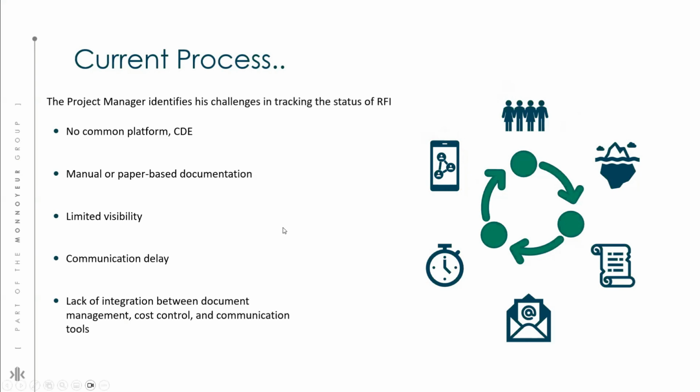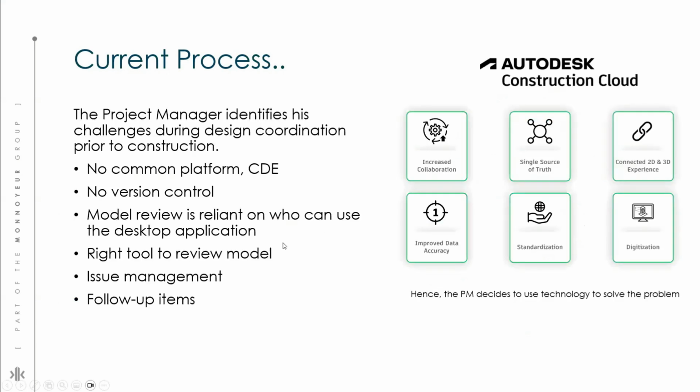What are some of the challenges that people face? We already know, right? Prior to engaging this platform, people don't have visibility, people can't communicate properly. There are people who are still working on very manual workflows. We want to avoid that. And that's the reason why we're engaging in this platform. We want to increase the collaboration. We want to rely on one single source of information.